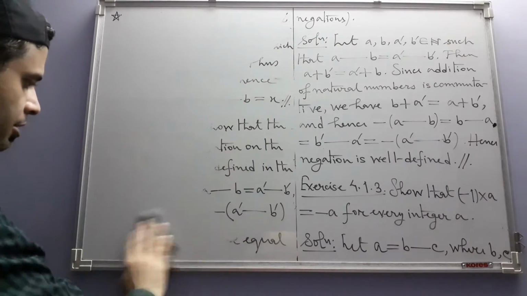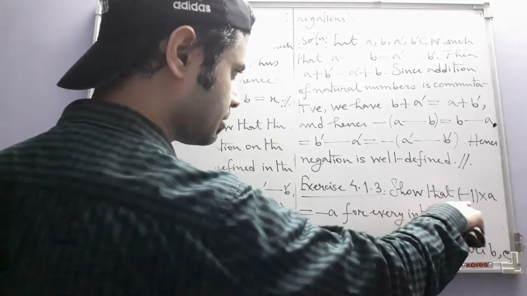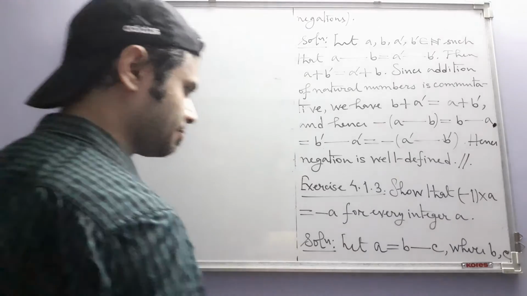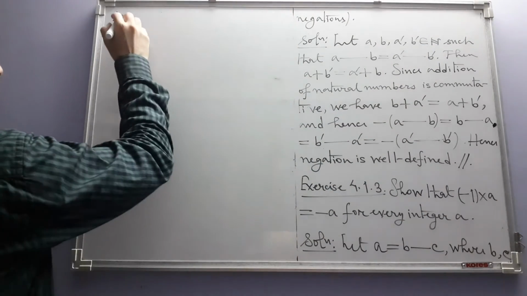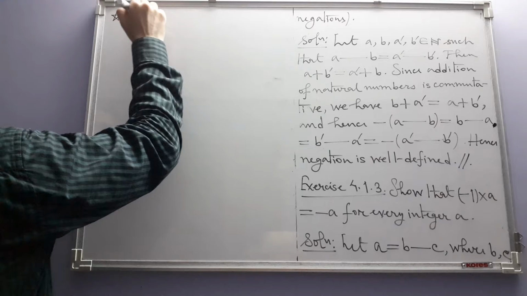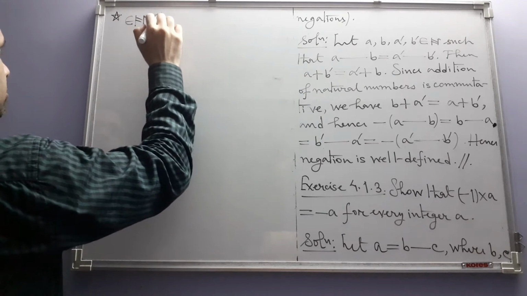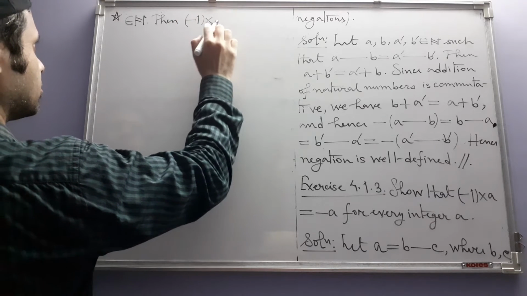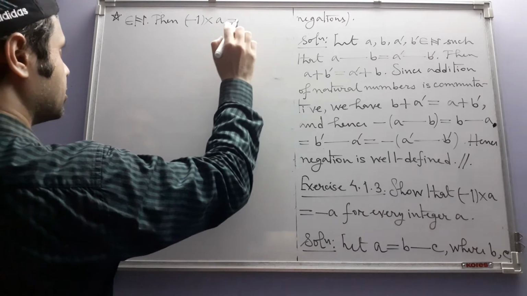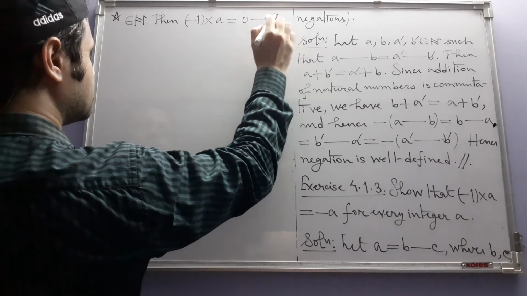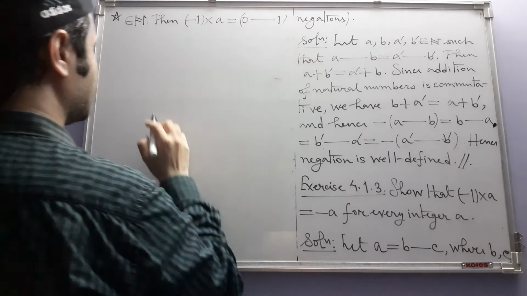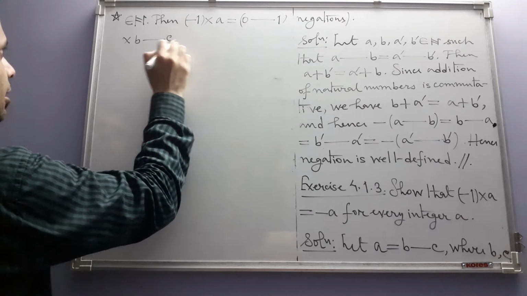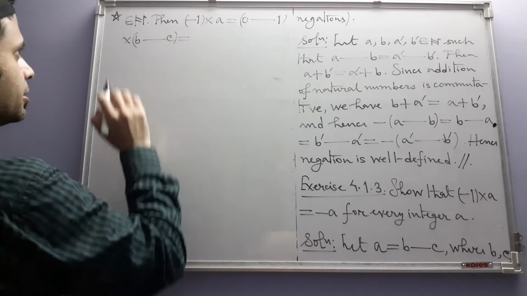We are just going to straight away calculate this product and see that it becomes minus a, where b and c belong to the set of natural numbers. Then minus 1 times a is equal to, minus 1 means 0 dash 1, cross b dash c, and we apply the definition of multiplication.